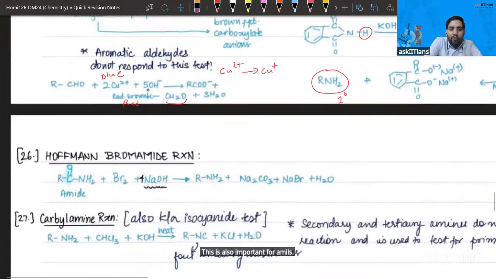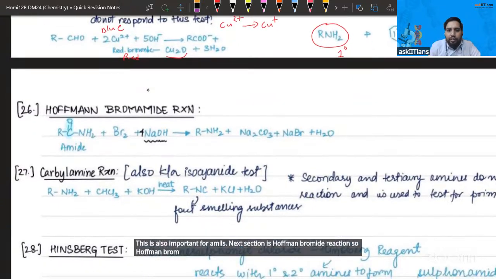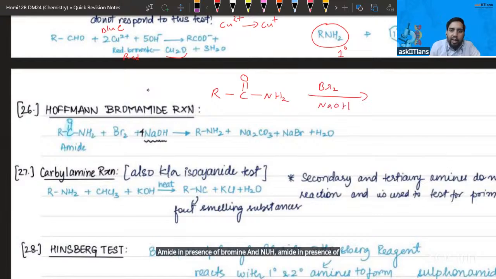Next reaction is Hofmann bromamide reaction. So Hofmann bromamide reaction, you should only remember the reagent. The reaction is very simple. You have this amide. Amide in presence of bromine and NaOH. CO is going to be removed.